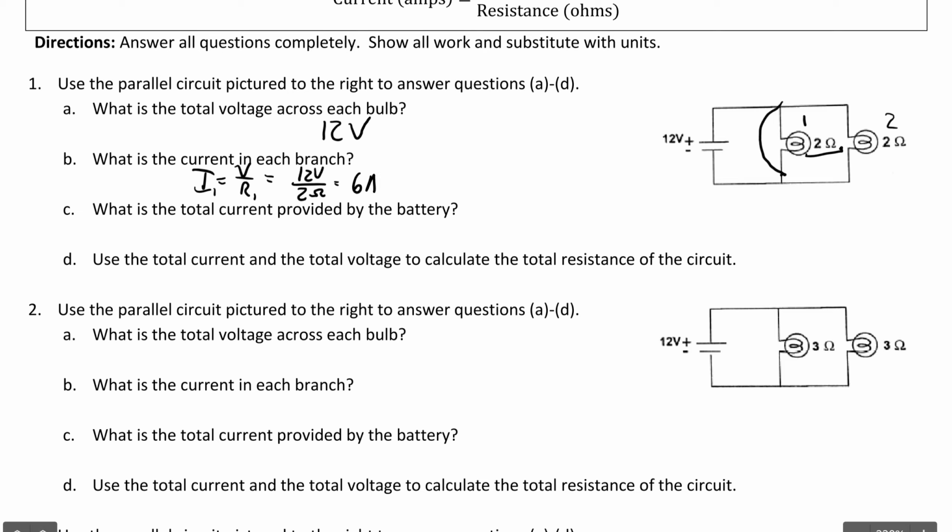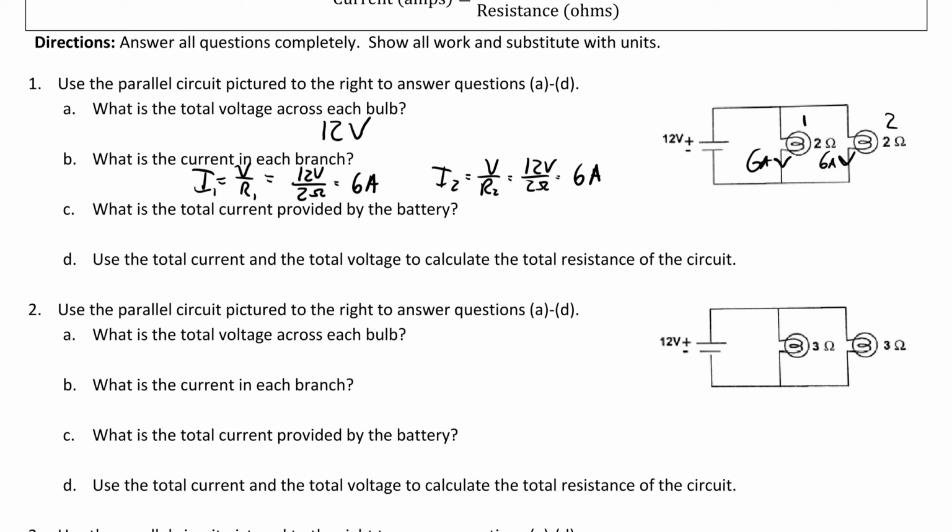So that's 6 amps. And for the second one, V over R2, in this case, not only is the voltage the same, but because the resistance is the same, it's going to be the same math. Okay? So it's 6 amps. So there's 6 amps through the first branch, 6 amps here, and there's 6 amps here.